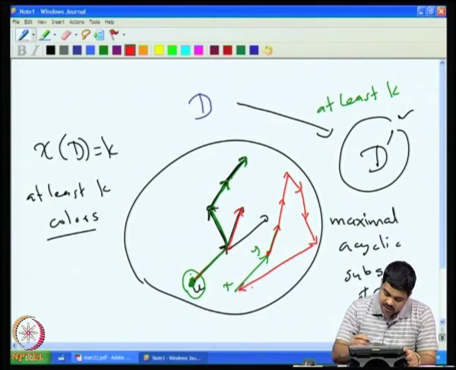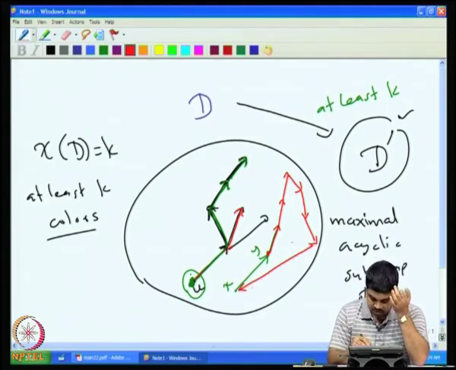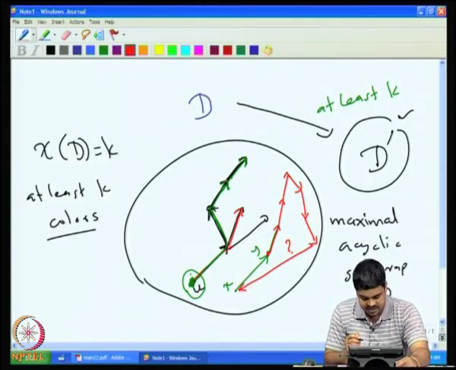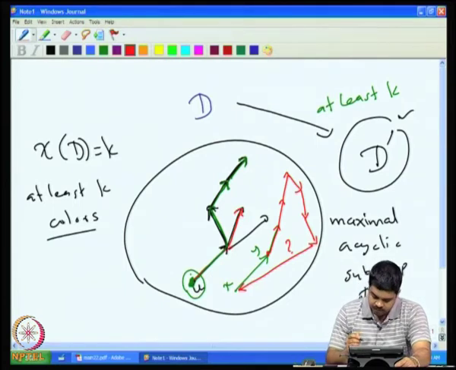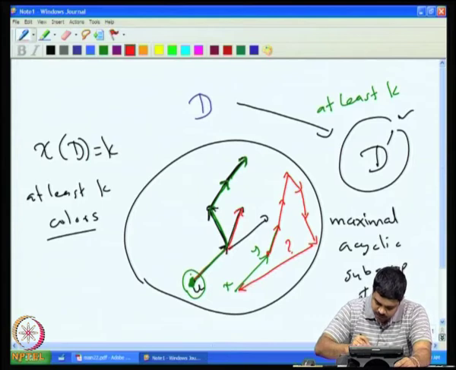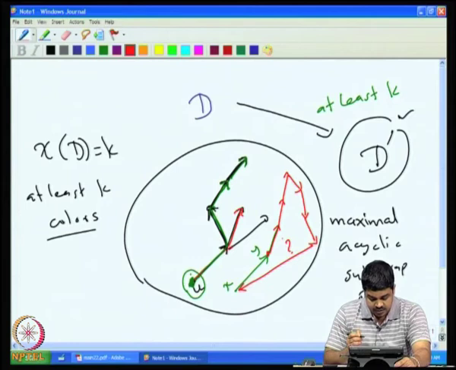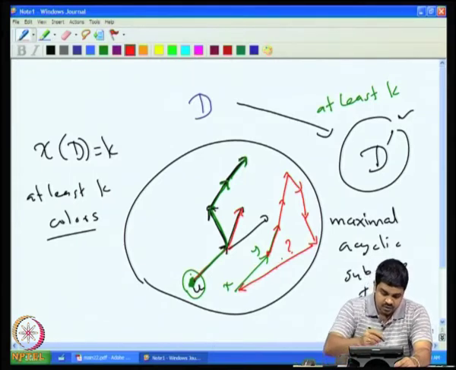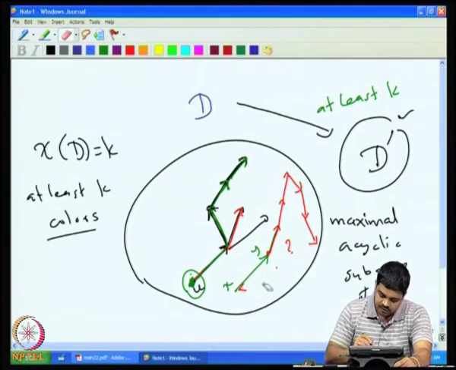If this can come back and hit x, then since x y is an edge, it will form a directed cycle. We know that in D dash there is no directed cycle. So, this path cannot hit x, because x y is also an edge of D dash. This will never happen, so it will go somewhere else only.